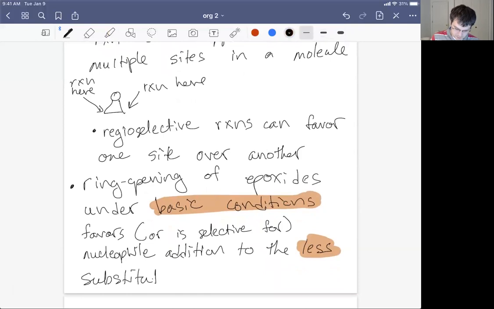And that position I'm referring to is the carbon atom. So the less substituted epoxide carbon atom.